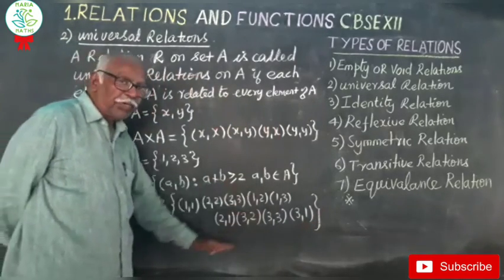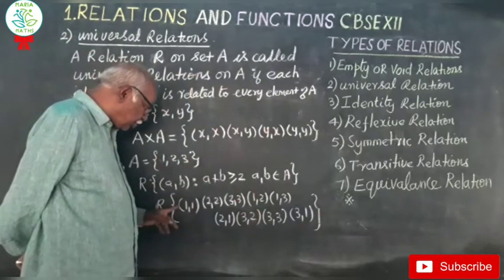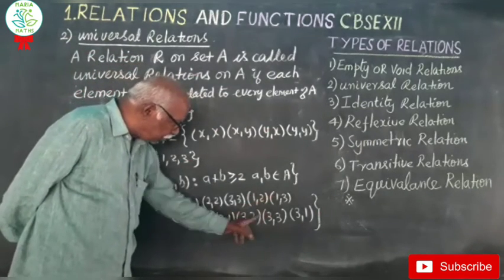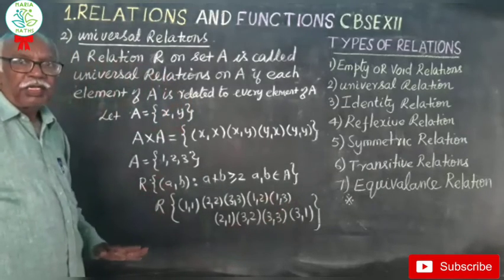So all the possible ordered pairs are mapped to this: 1, 2, 3, 4, 5, 6, 7, 8, 9. So these are the possible ordered pairs.